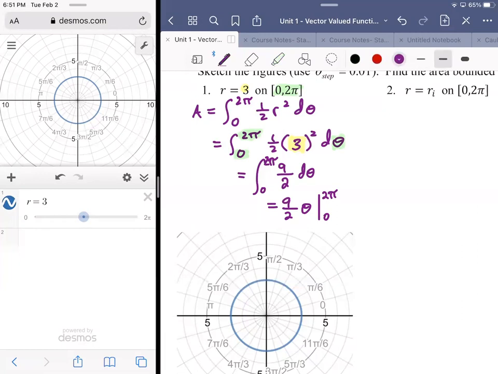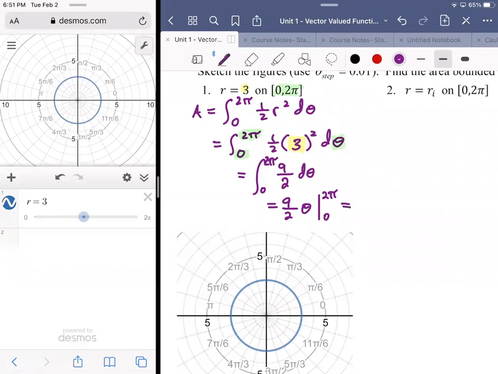Right? So in this case, it's just increase the exponent by 1, divide by the new exponent. However, there was no variable there, which implied that we really had a theta to the 0th power. So hence the arrival of the theta.